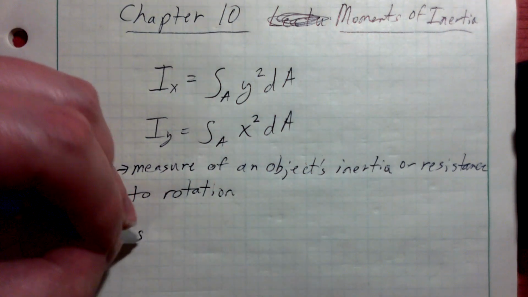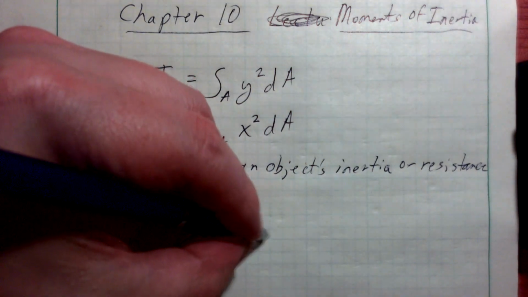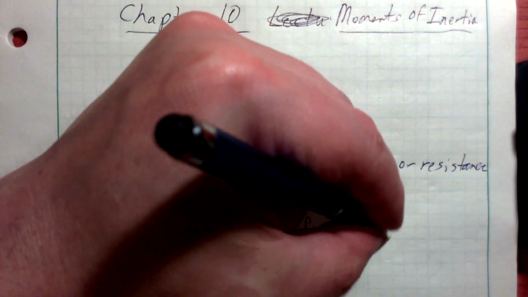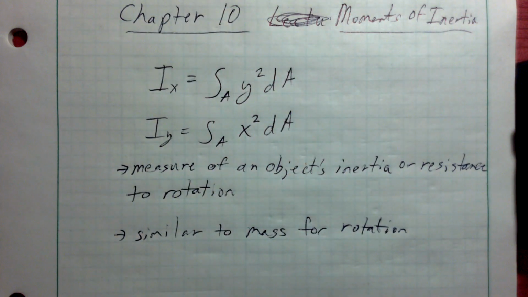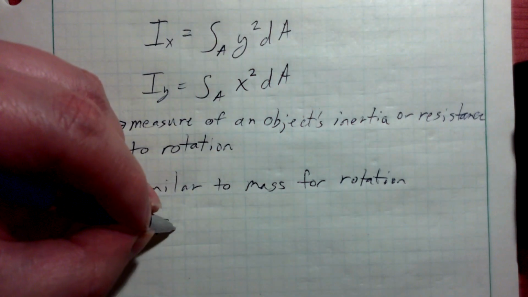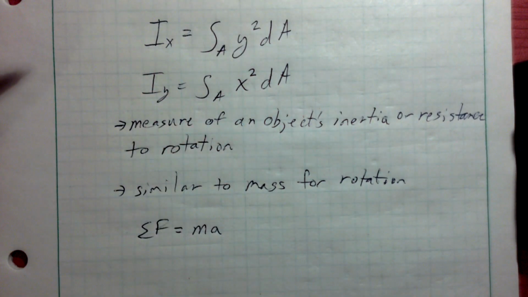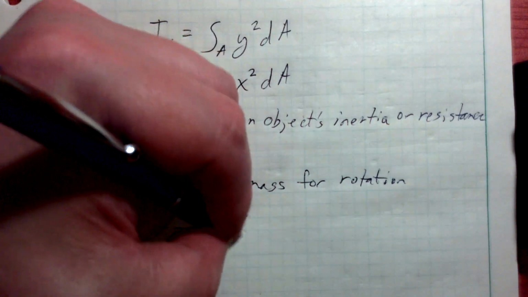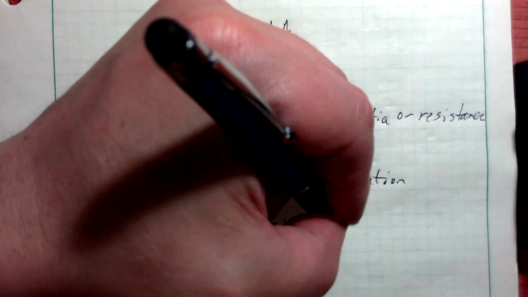It's similar to mass for rotation. It's not a perfect analogy, but it gets pretty close. It's not bad. So think about where the sum of forces is equal to ma, and normally in statics, a equals 0.